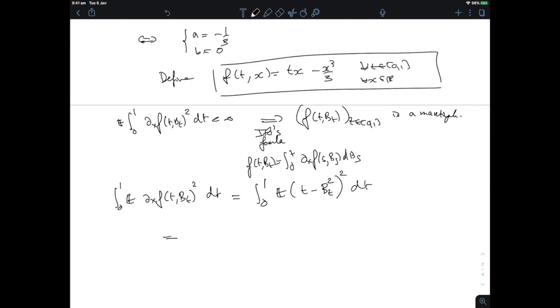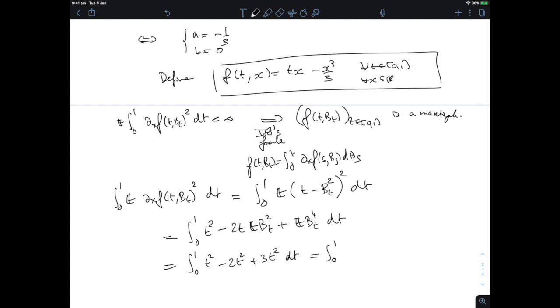So let's expand that square, and I'm going to get the integral from 0 to 1 of t squared minus 2t times the expectation of Bt squared plus the expectation of Bt to the 4 dt, and this is equal to t squared minus 2t, expectation of Bt squared is t, so 2t squared, and then the expectation of Bt to the 4 is 3t squared dt.